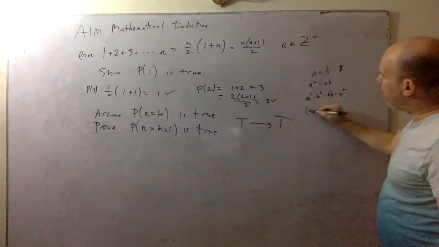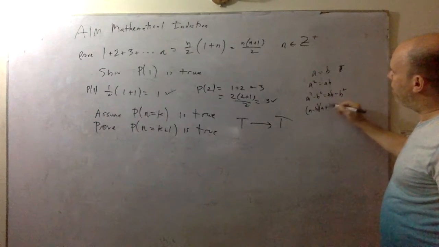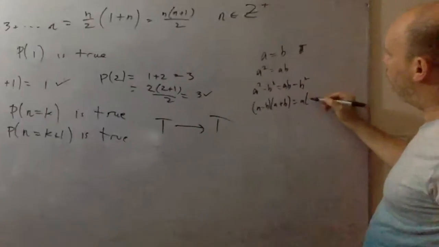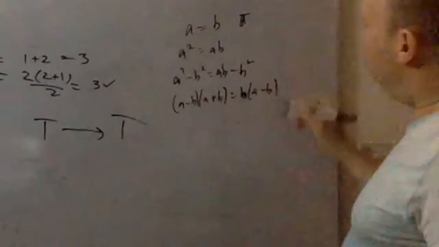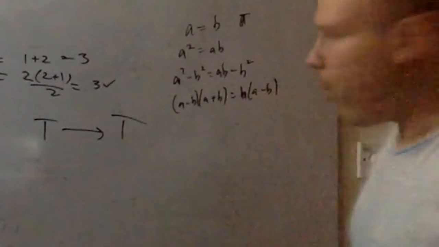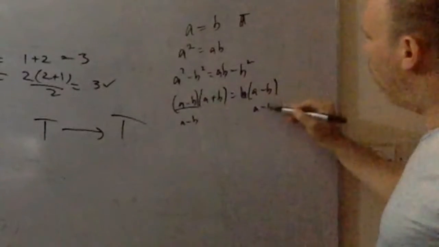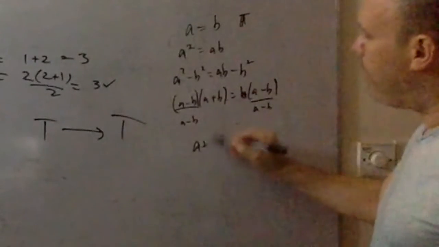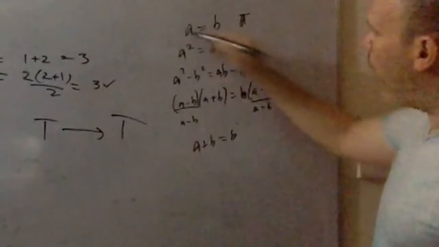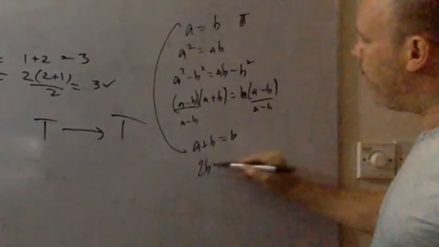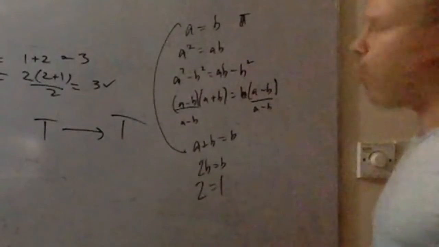Now we're going to factor. The next step is we divide both sides by A minus B. We have A plus B equals B. Well, because A equals B, we have 2B equals B, and 2 equals 1.